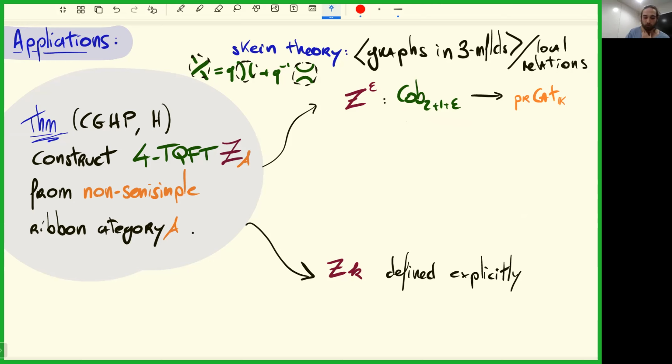Okay, so to a three manifold M, this gives me some vector space, which we call the skein module of M. It's generated by these tangles or graphs in the three manifold modulo some local relations. And these glue very nicely on surfaces. If I have a three manifold that's obtained as a gluing of two parts along a surface, then I can just cut along the surface, and what I will see is some tangle in the first three manifold, some other tangle in the second three manifold, and they just agree on the surface boundary.